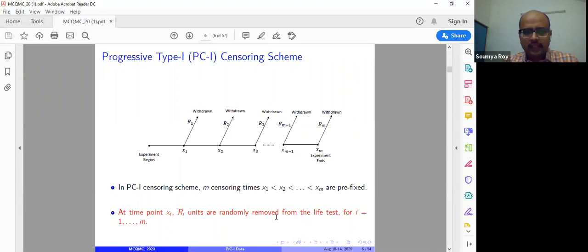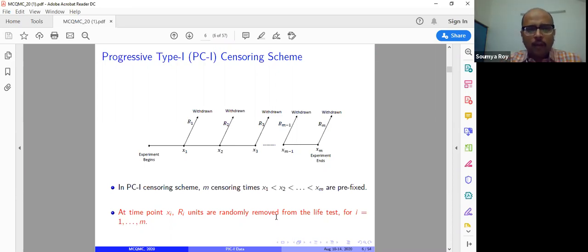As you can see, here we observe the items that are on test at different time points, x1, x2, x3 to xm. xm is where the experiment ends, and at x1 we remove R1 units, at x2 R2 units are withdrawn, and at xm Rm units are withdrawn.